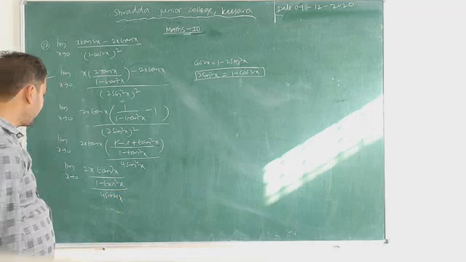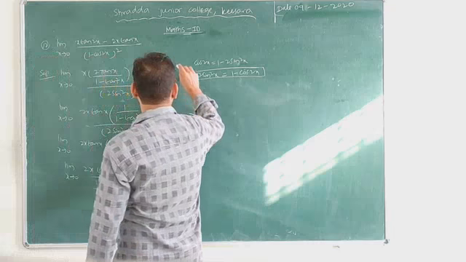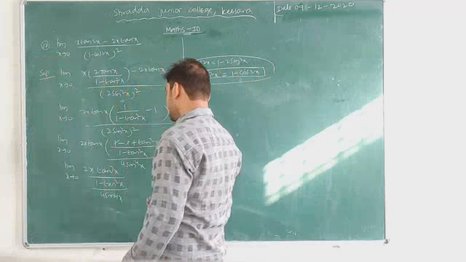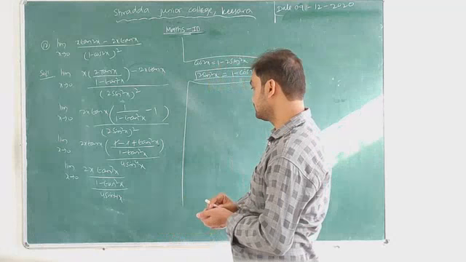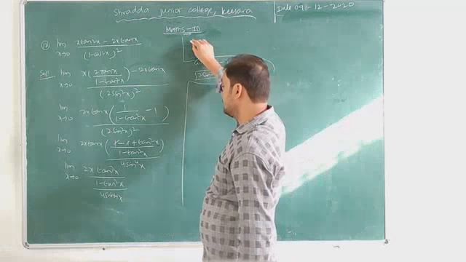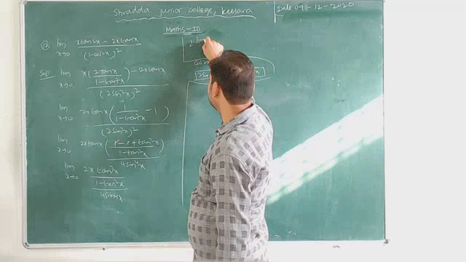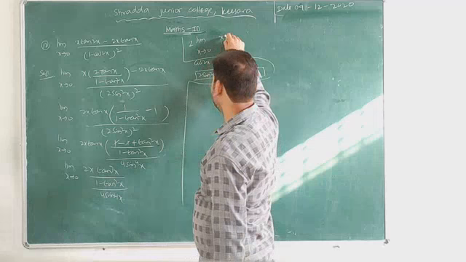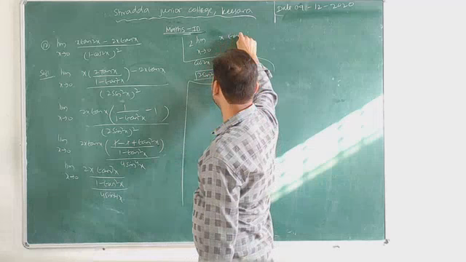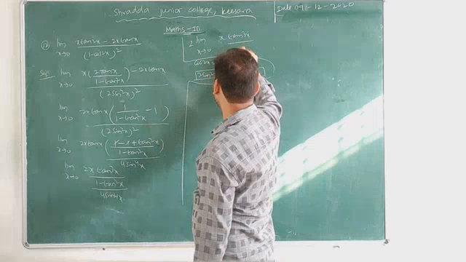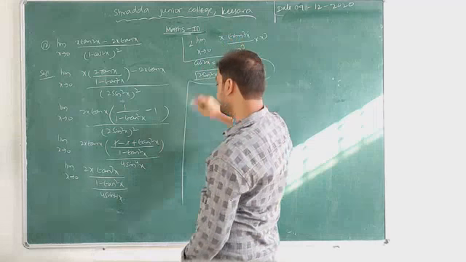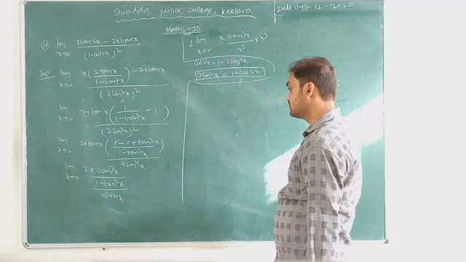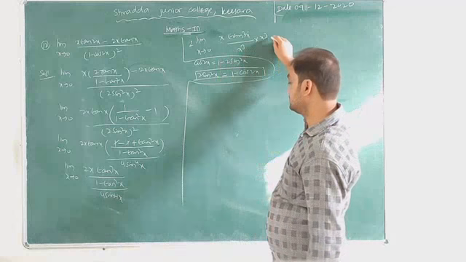Now see what we are getting here. Two is constant, limit x tends to 0. Now x into tan cube x is multiplied and divided with x cube.